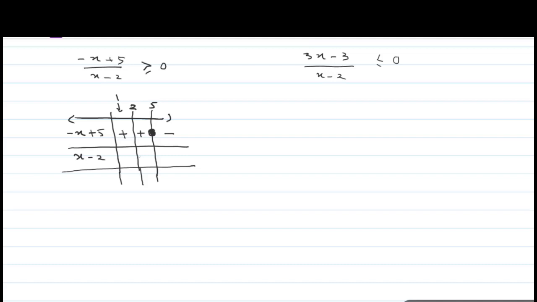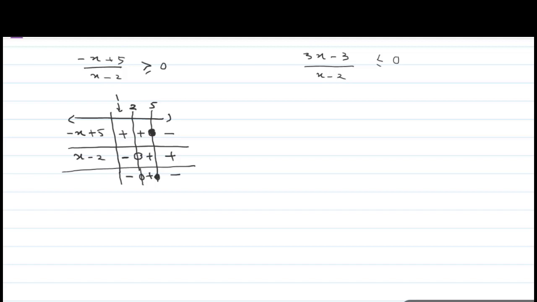X minus 2 will make it 0. But remember, x minus 2 is in the denominator. So we cannot take the value of 2 here. So test the value. So we have 1 minus 2 is negative. So this is the 0. The other side should be positive. And then the conclusion is negative, positive, negative. Bring down all the circles.